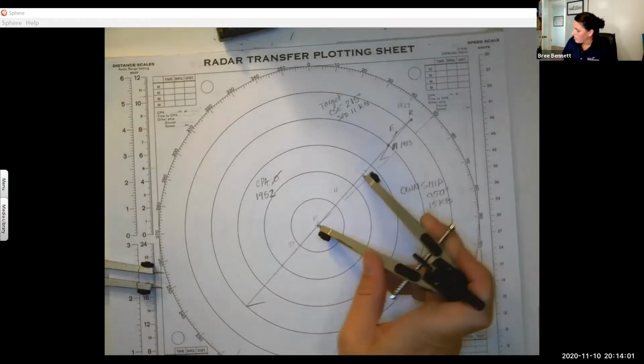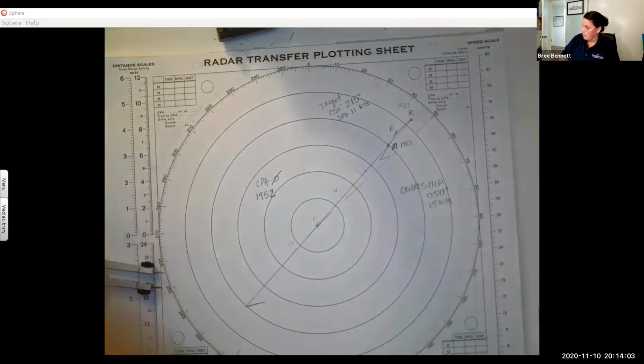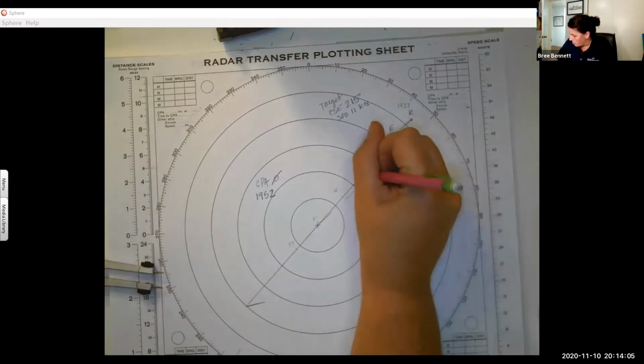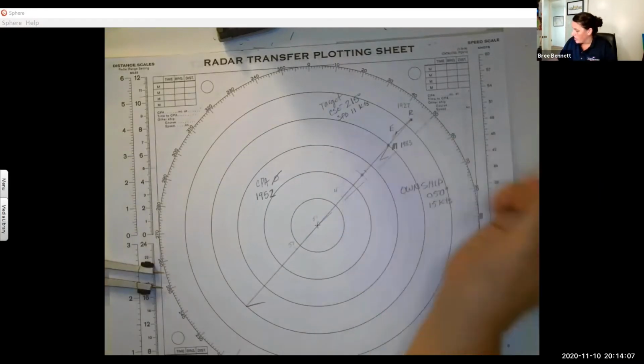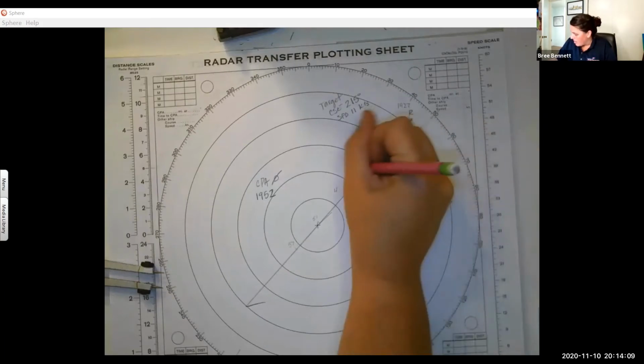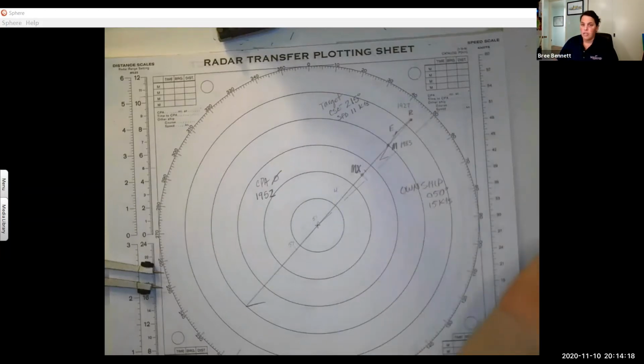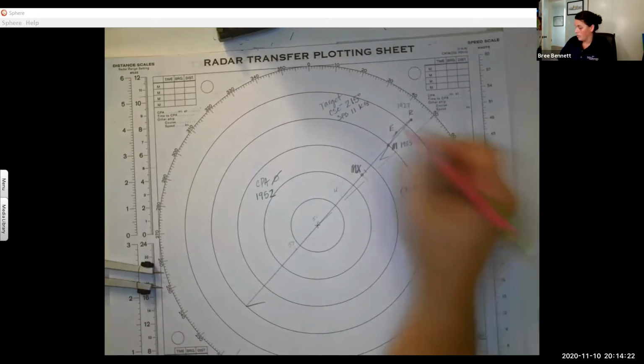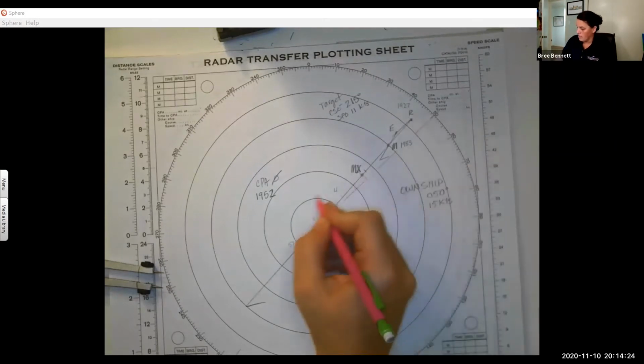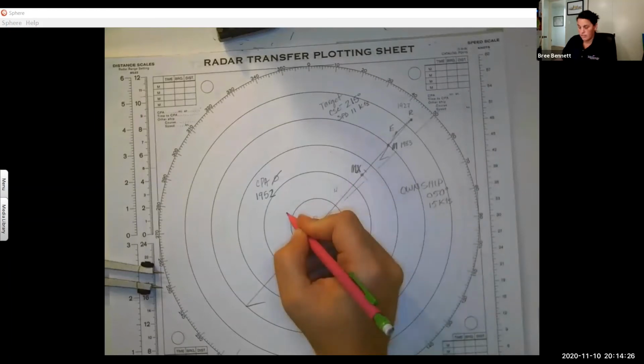So where does my relative motion line meet 5 nautical miles? This is my MX, my point of execution. I'm going to turn to the right. So he's going to come along my port side.